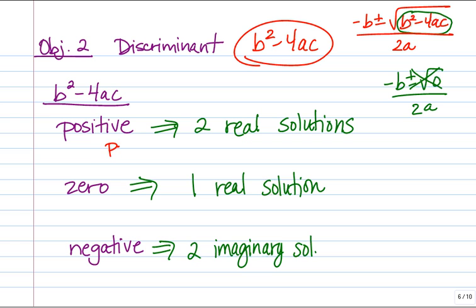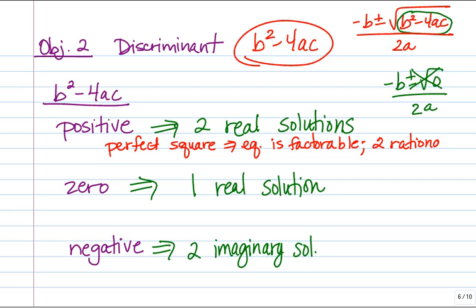So if you have a positive number that is a perfect square, that tells you 2 things. It tells you that the equation is actually factorable. That's really just a bonus part. But it also tells you that the solutions are going to be two rational solutions. Rational meaning integers or fractions where the numerator and denominator are both integers, like 3/5, 1/3, -7.